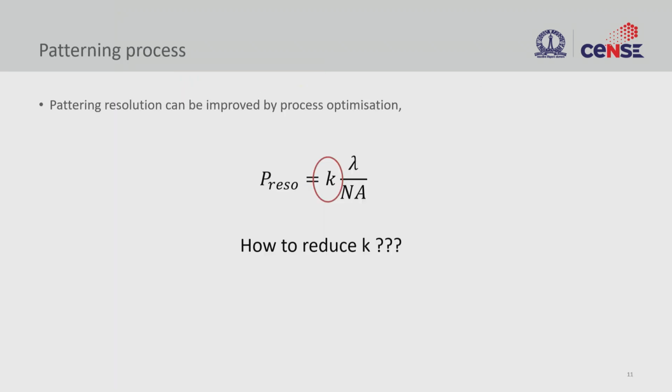Now we have seen both lambda and NA modification, and there is one more factor that can help us in improving the resolution, that is k. As we saw earlier, k represents process optimization and process parameters. If you reduce your k, you can also improve your resolution. So how do we do that?